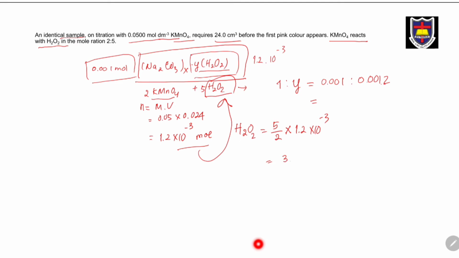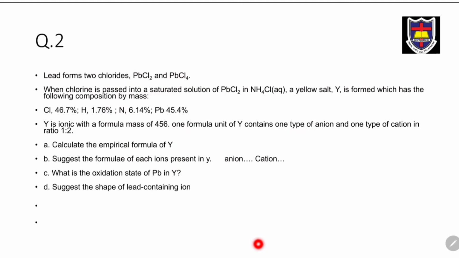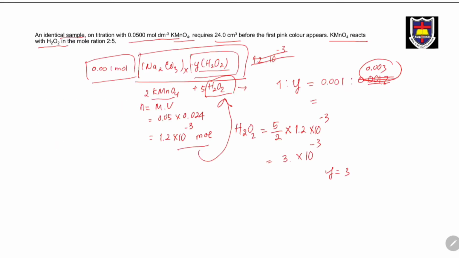That is 3 times 10 to the power of minus 3, so 0.003 mole of H2O2 in 0.001 mole of percarbonate. So y is 3. So the ratio of y to x is 3 to 2.